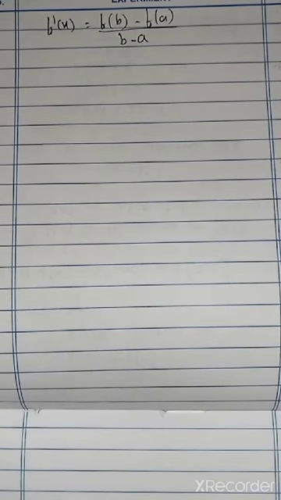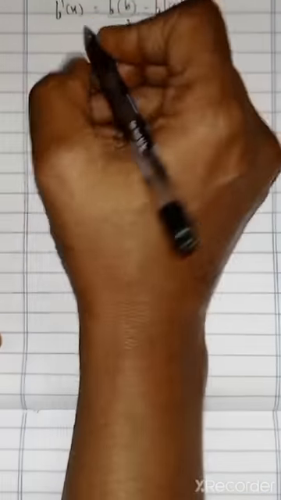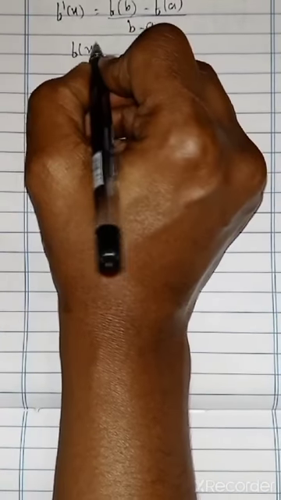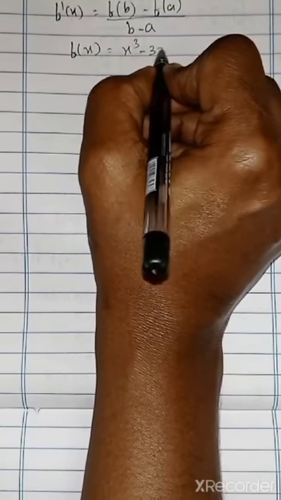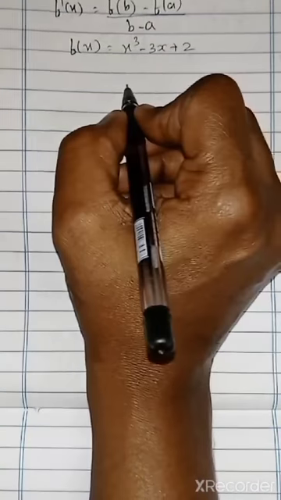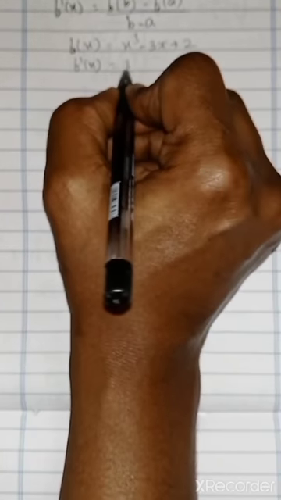What is your third condition? f dash of x equal to f of b minus f of a by b minus a. So what is f of x given? x cube minus 3x plus 2. Correct? From this we can find f dash of x, which is 3x square minus 3.